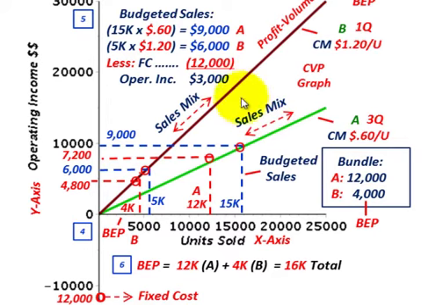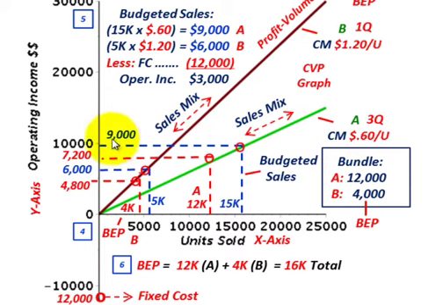You'd have to sell a whole lot more of product A, based on its contribution margin, than you would of product B to generate the same operating income. And vice versa, you'd have to sell less of B to generate the same operating income had you sold more of A. So really they work in that direction.